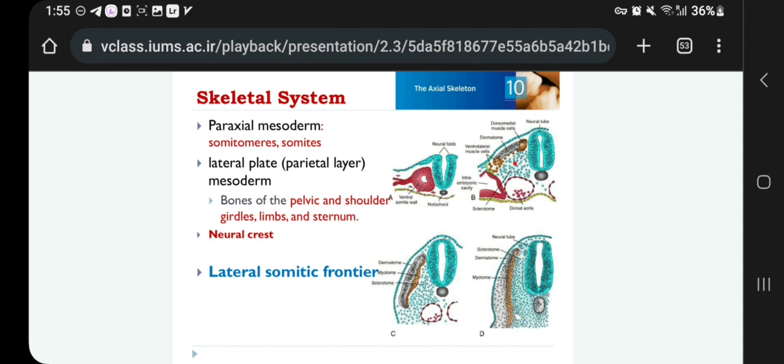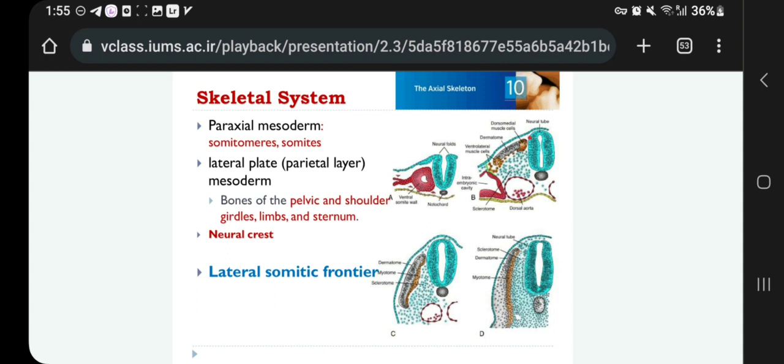The character of these cells is different: the sclerotome cells become polymorphous and a loose tissue here, and we call it mesenchyme. So the sclerotome converts to mesenchyme.